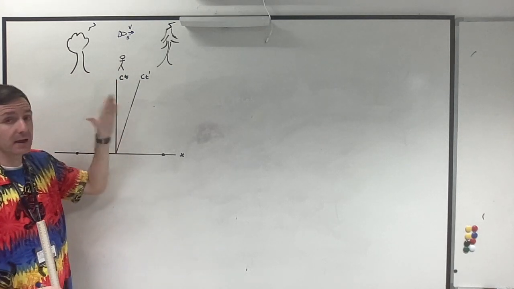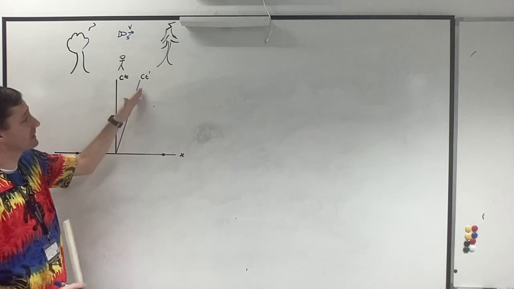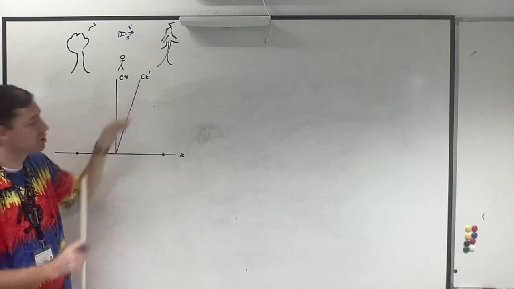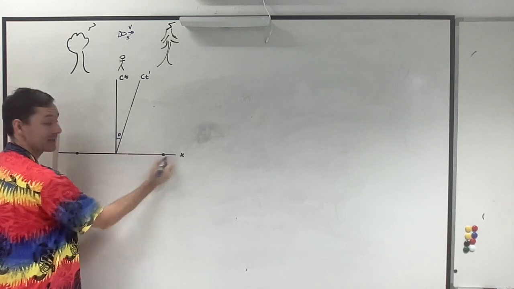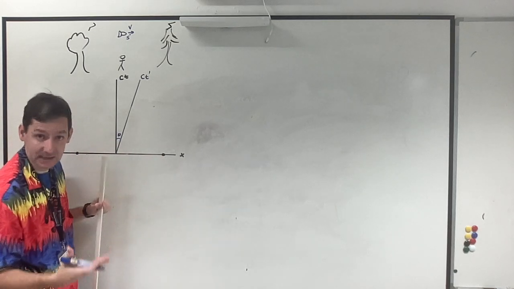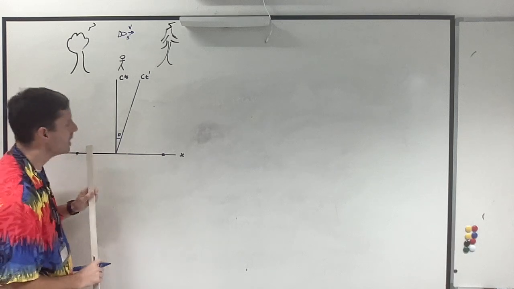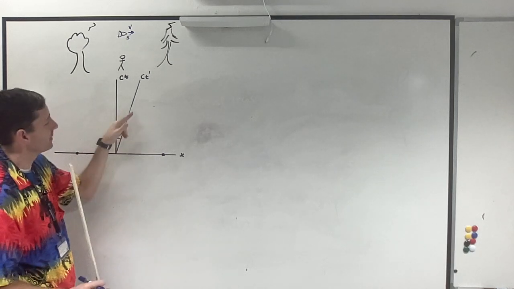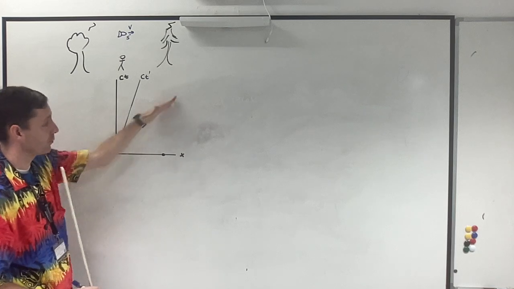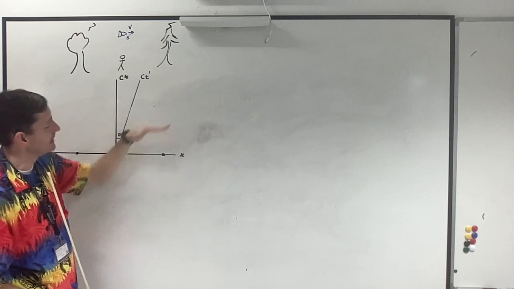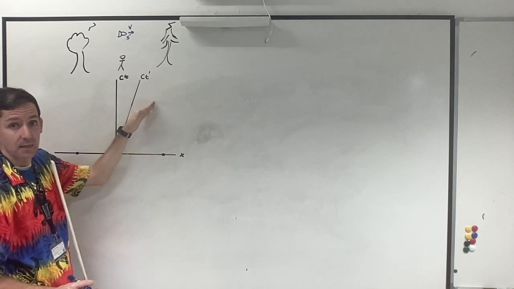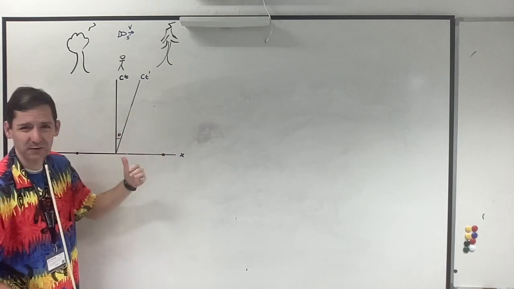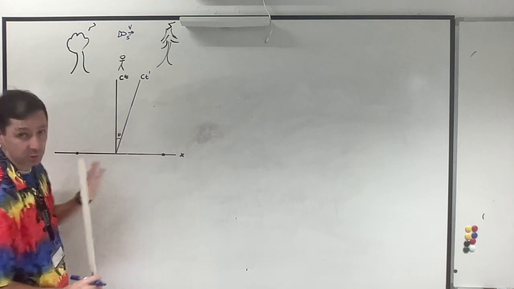Now, remember that as we do this, not only is the time axis going to change, but whatever this angle is right here, then the x-axis, the position space axis, is going to change as well, because we have to make sure that the distance from here to my slope of 1 line, the speed of light, is the same as the distance from my x prime to the speed of light. That will make sure that the speed of light is the same from any perspective.